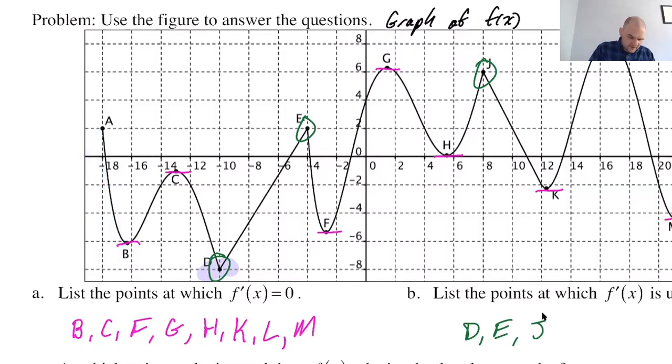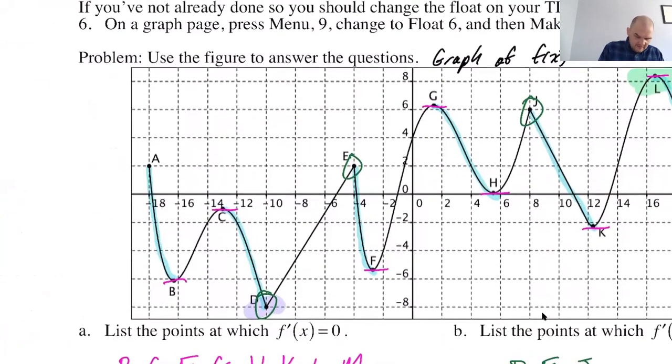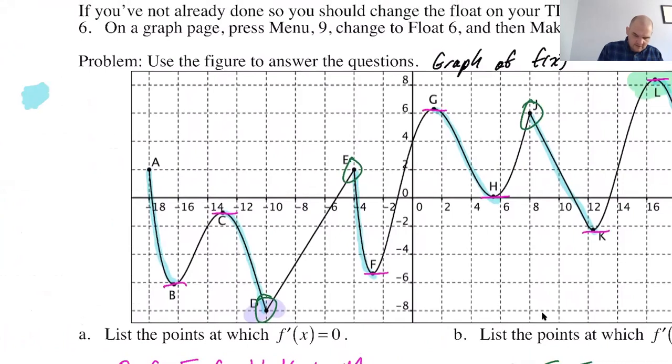All right, so the derivative would be negative here, here, and here, and here. So should I make a key for this? I probably should. Okay, so let's say this is f prime less than 0.